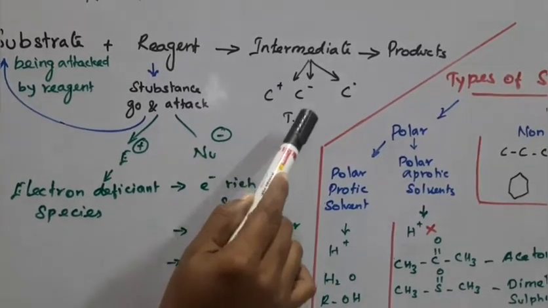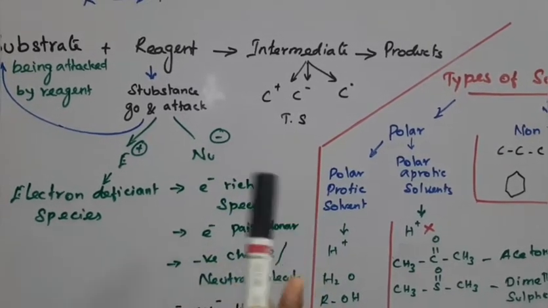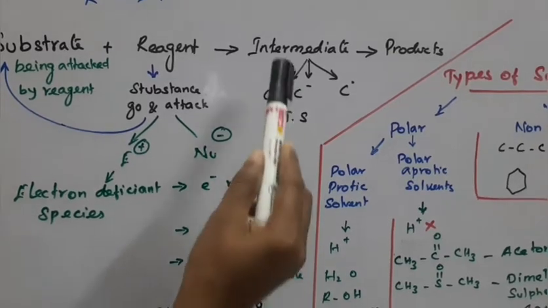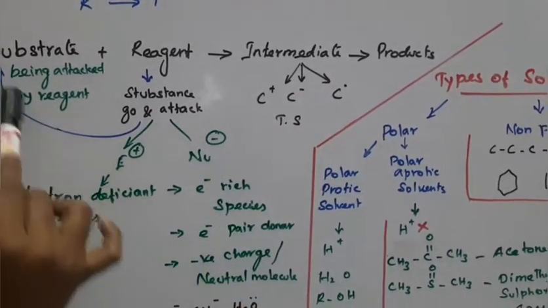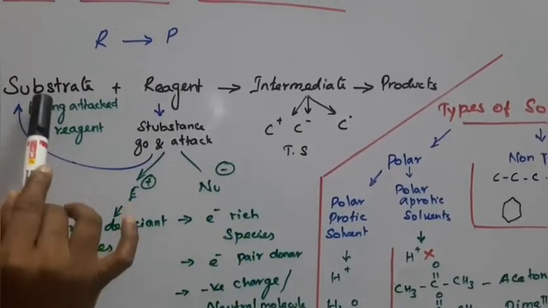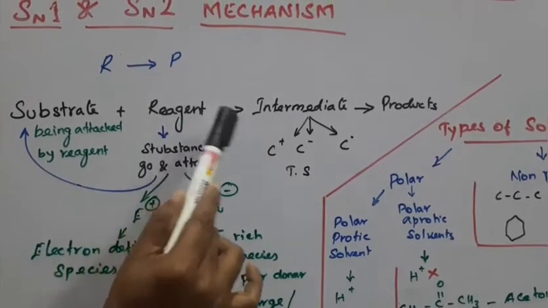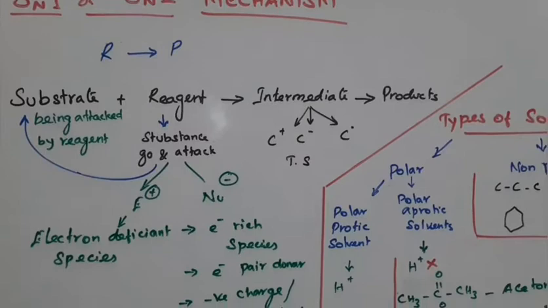The transition state is not a product, it is one intermediate form. Right after this intermediate, it gives the product. Each and every reaction takes place this way: substrate plus reagent gives the intermediate, and after the intermediate it gives the product.